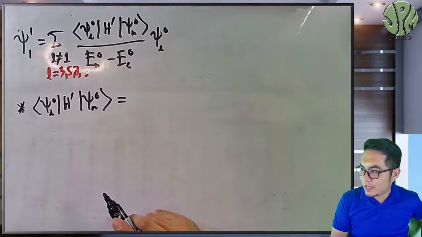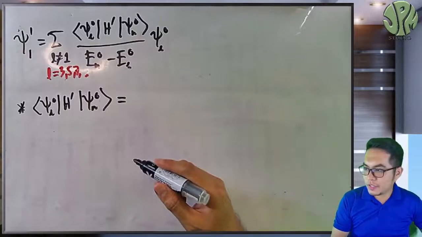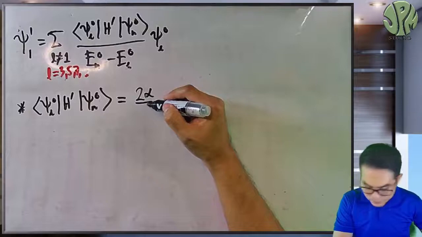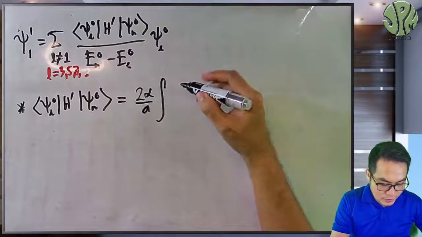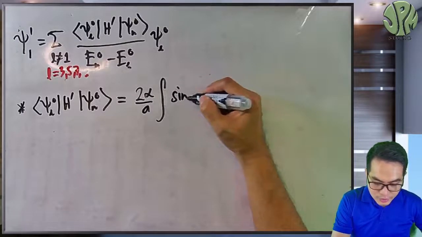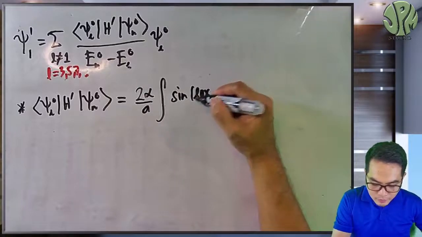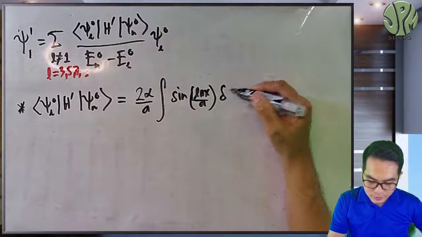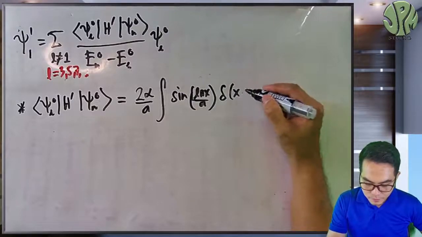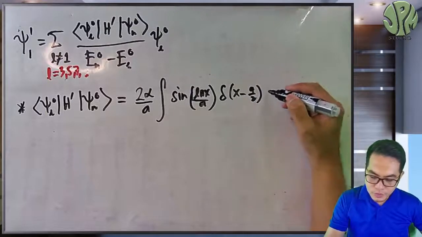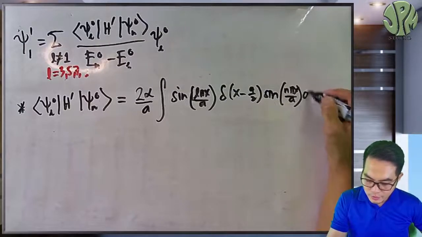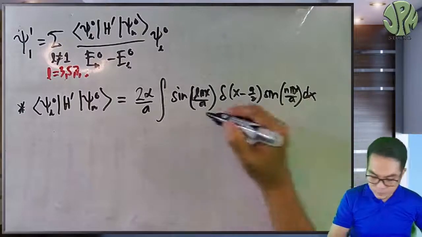Our H prime here is the delta function, there's an alpha, so you will have 2 alpha over a, integral of sine L pi x over a, this is psi L0, and then the delta function is in between them, x minus a over 2, and then sine n pi x over a dx from 0 to a.